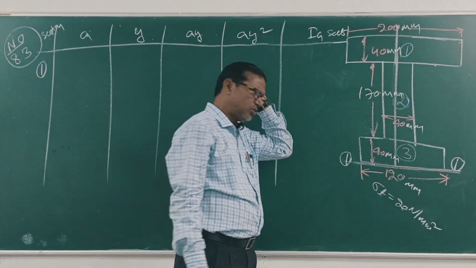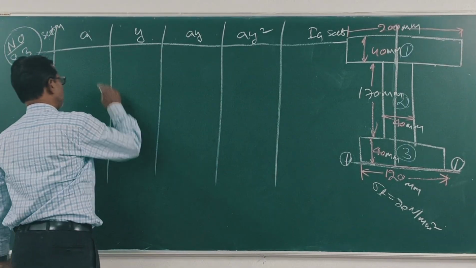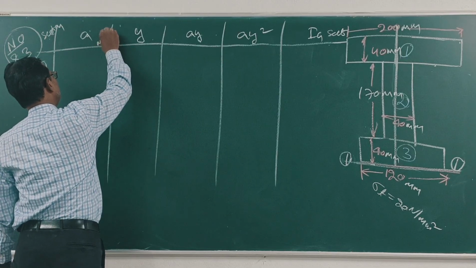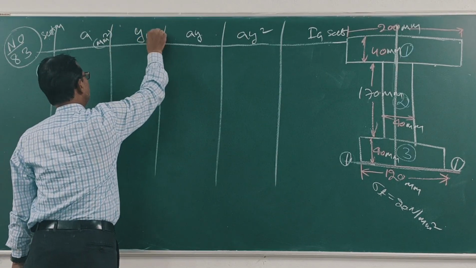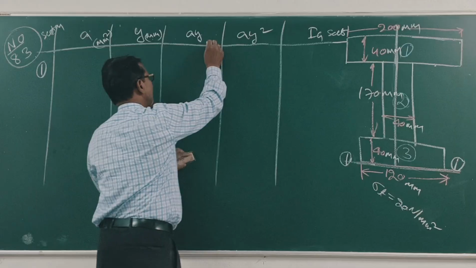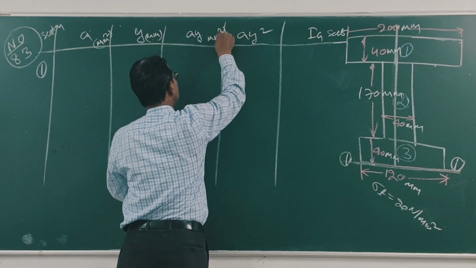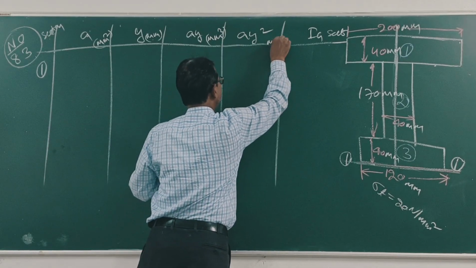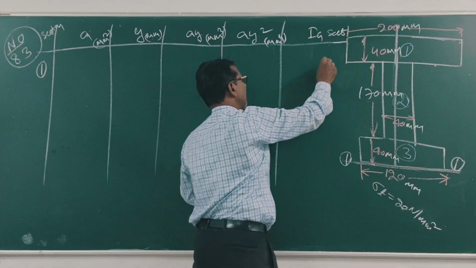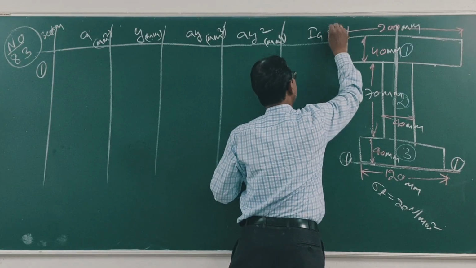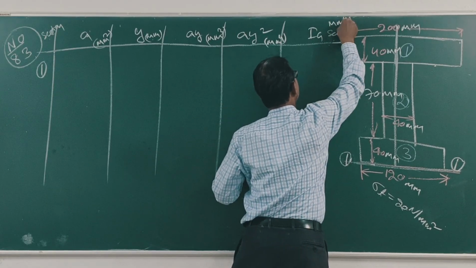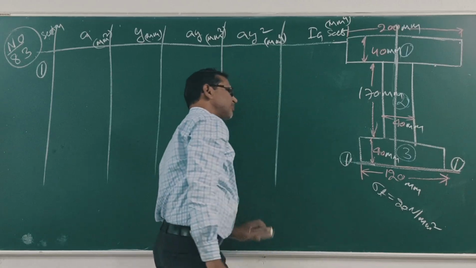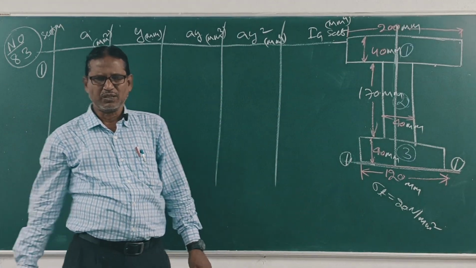So this is area in mm square, y in mm, ay in mm cube, ay square in mm fourth, Ig in mm fourth. Right?